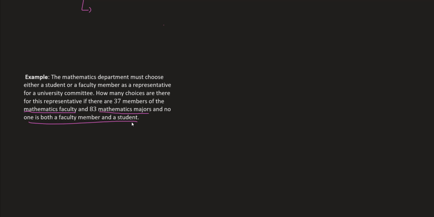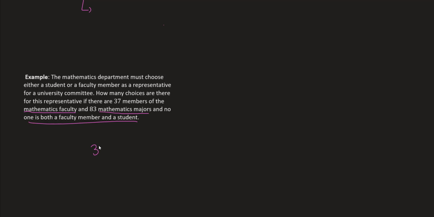So these two do not have anything in common, and there are 37 faculty members and 83 mathematics majors. So the total number will be 37 plus 83 according to the sum rule, since there is nothing common between them.